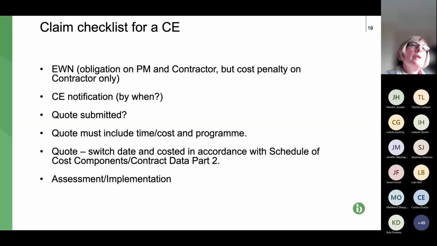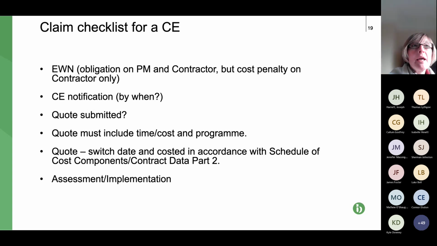Thanks. So just a quick checklist. Remember the early warning notice, an obligation for both parties. If the PM doesn't submit it, it's a breach of contract, potentially a CE for breach. If the contractor doesn't submit the EWN, there's a cost penalty on payment of the CEs.